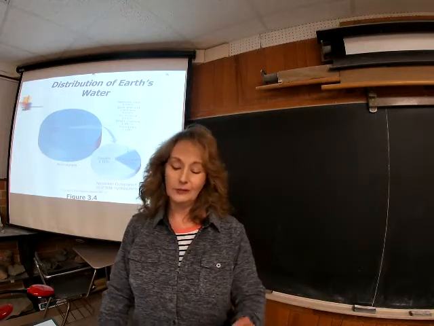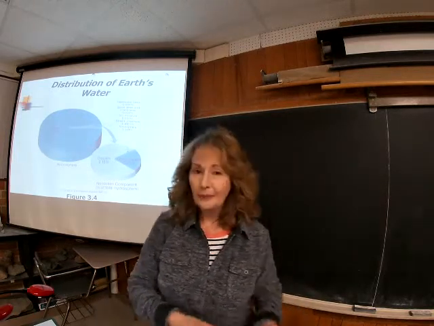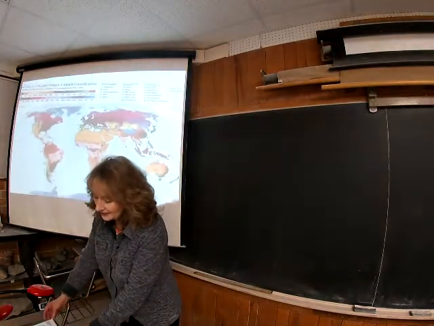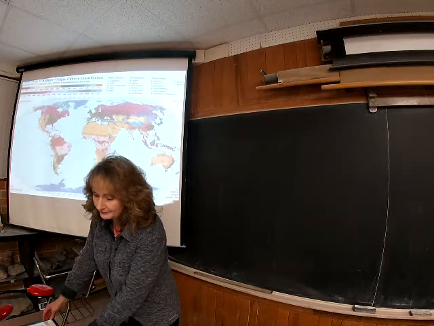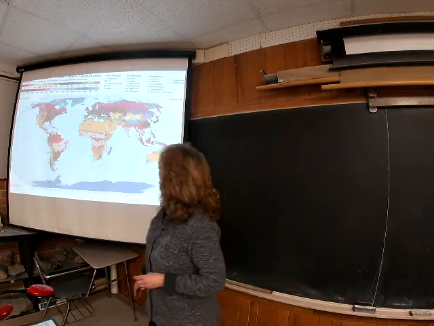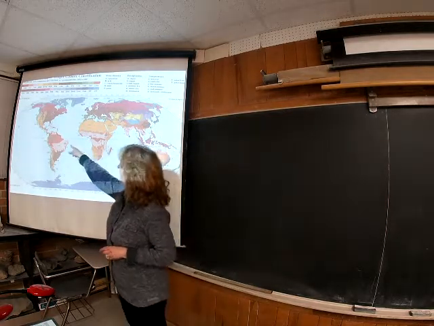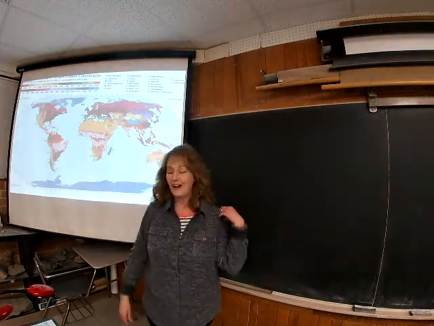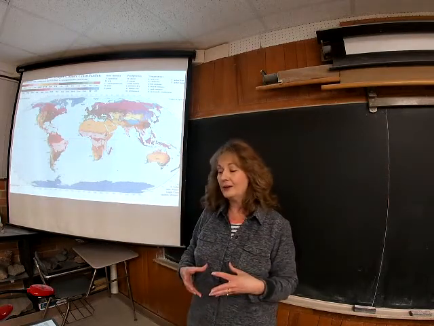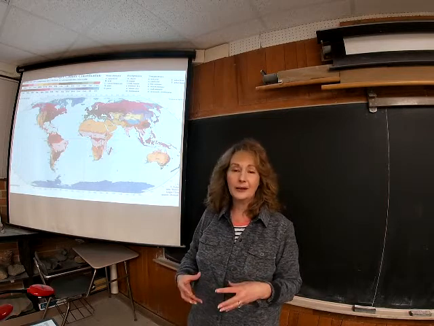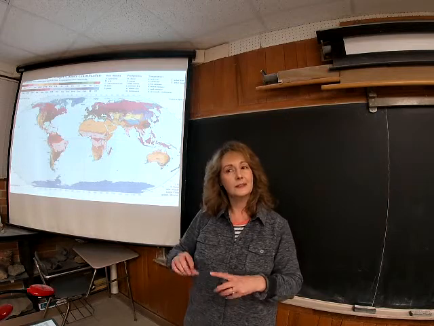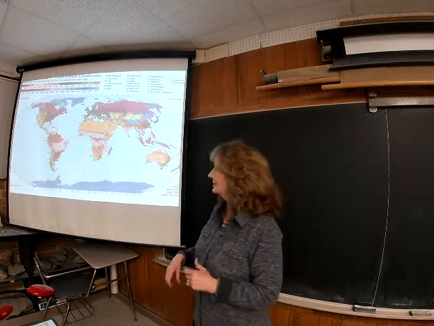So I do want to look at a map here. I don't know how well it'll show up, but it's a climate map, a world map, and it's color-coded, which is very interesting. Right along here, of course, is the equator, cutting it in half, 0-degree latitude. The yellows and the browns are our desert and steppe regions, and a steppe is a semi-arid region.